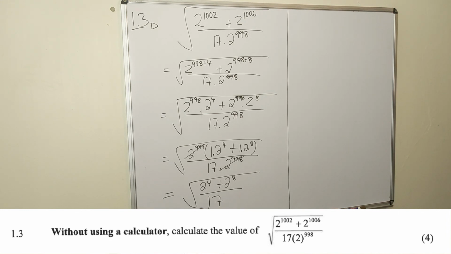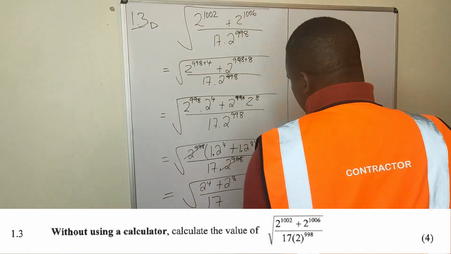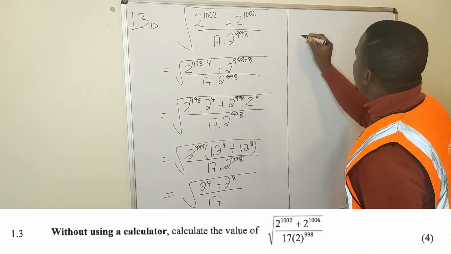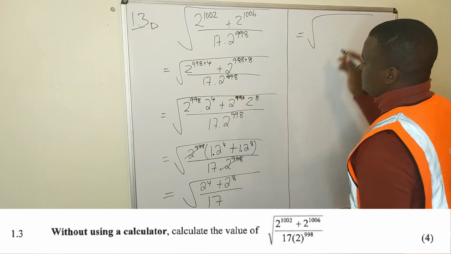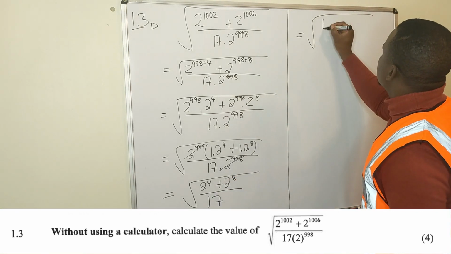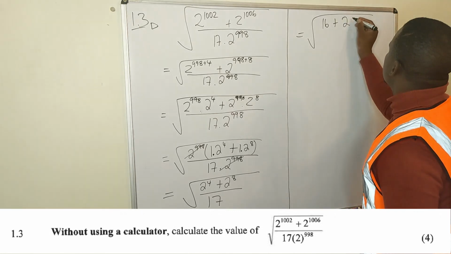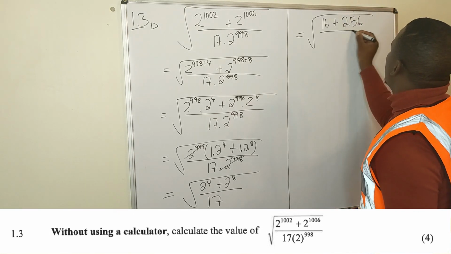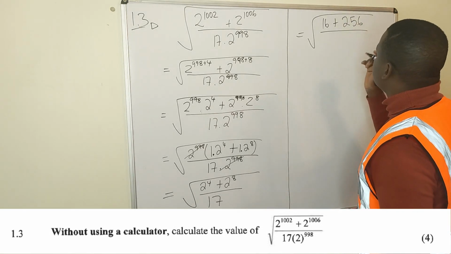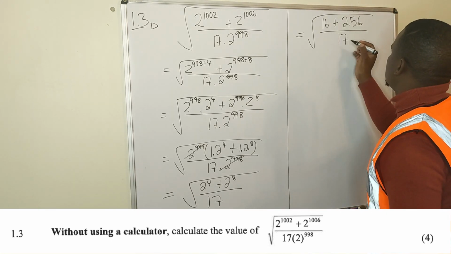Right? Then the next thing, you evaluate these. So you have 2 raised 4, which is 16, plus 2 raised 8, which is 256, all divided by 17.